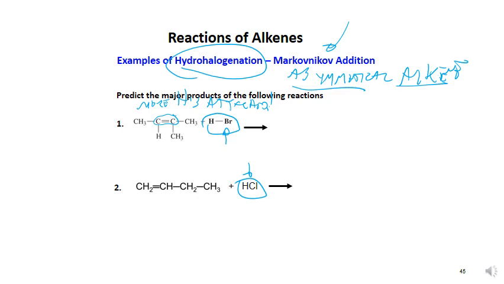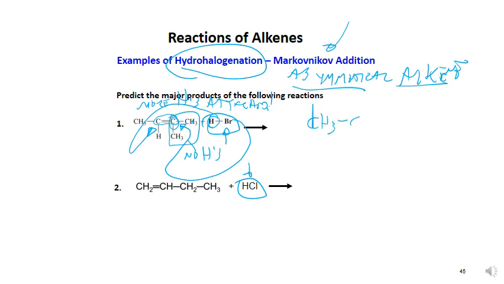Okay, so clearly on that carbon, there are no H's. So the H is going to want to add here. And the Br is going to add here. So CH3, C, CH3, CH3. It's always good in my mind to write down everything else that isn't going to change.